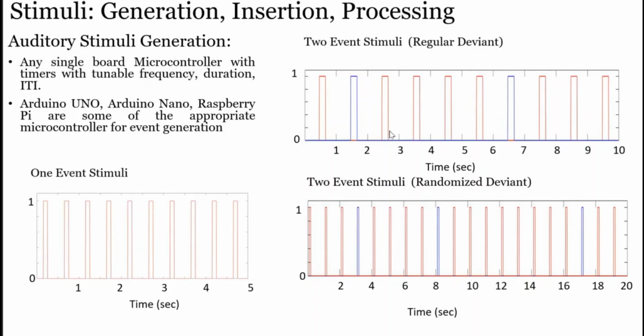The moment that response stops coming, or your brain is not able to perceive that particular sound, that level of intensity is defined as your auditory threshold. A similar kind of waveform can also be generated using PsychoPy or Arduino Nano, anything.